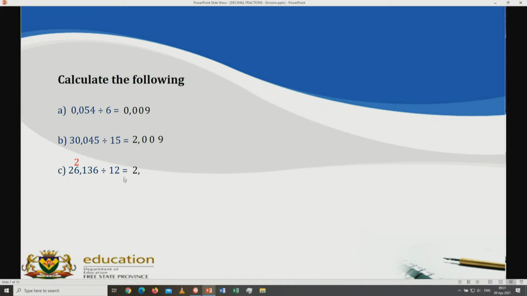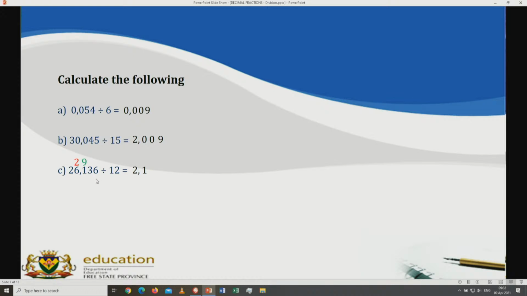And then these 2 units, with this tens, will be having 21 tenths now. We'll be having 21 tenths. And then 12 into 21 tenths goes how many times? It will go only once. So we'll be having 1. And then we'll be left with what?